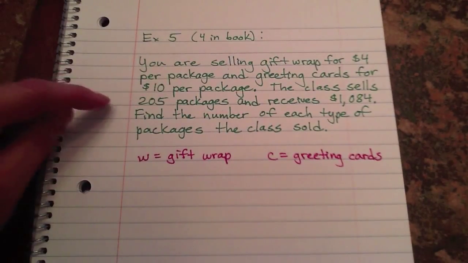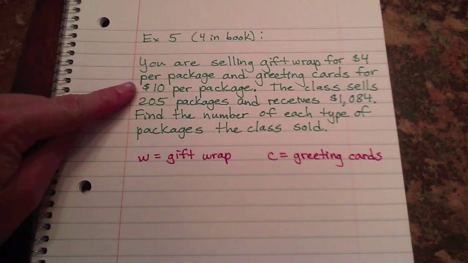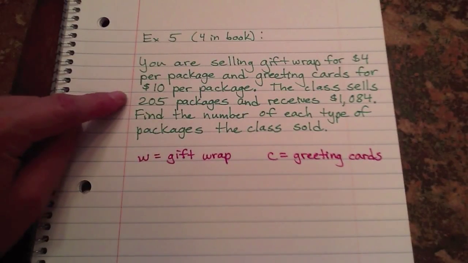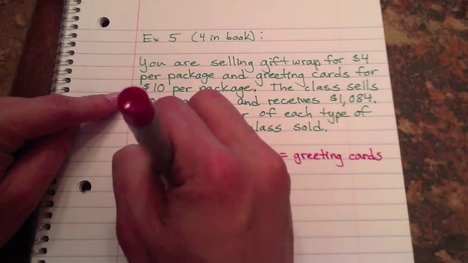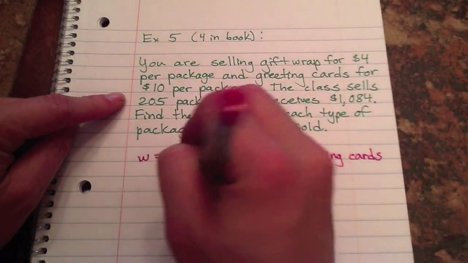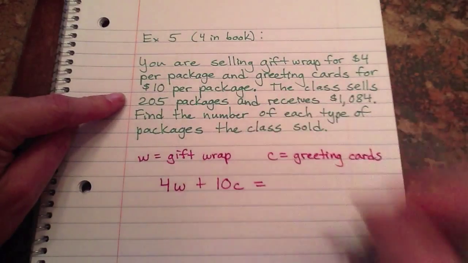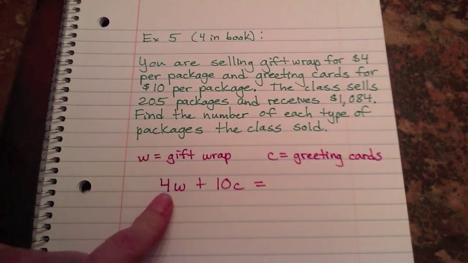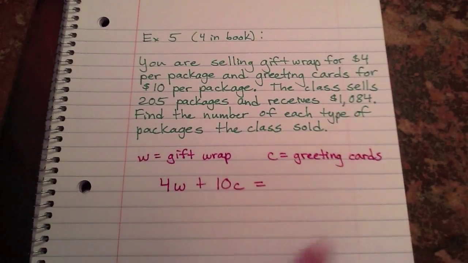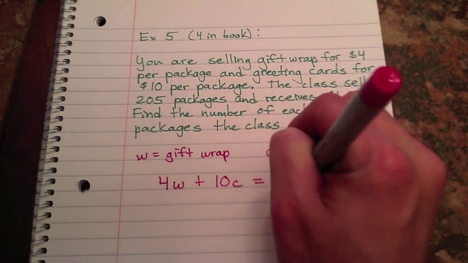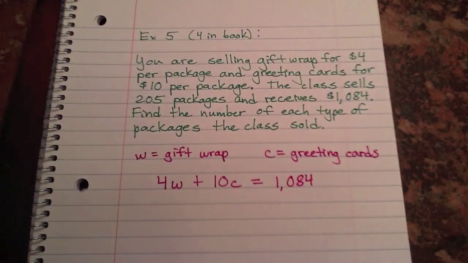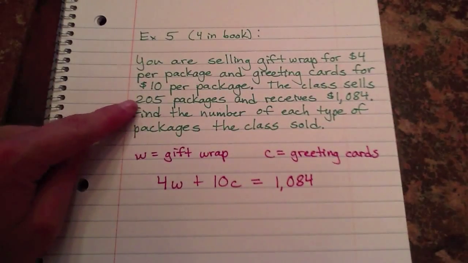You're going to have two equations. One is based on how much money each thing is worth. So we notice that we have $4 for every wrap plus $10 for every set of cards. And that equaled the total amount of money we made, because this is our money, money, money. So 1,084. For our second equation, we're talking about how many we sold.